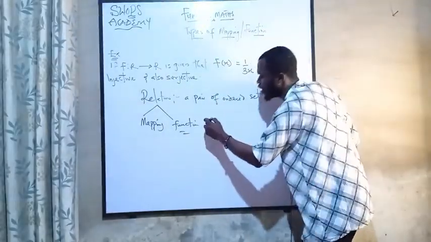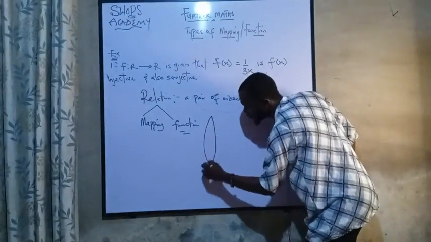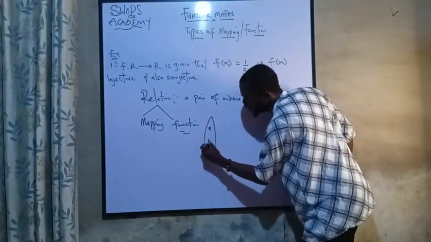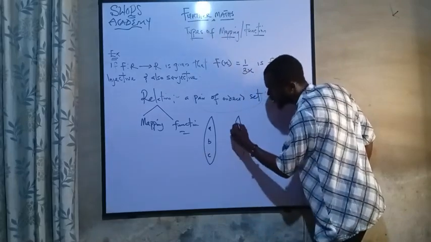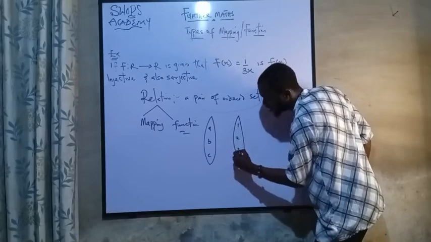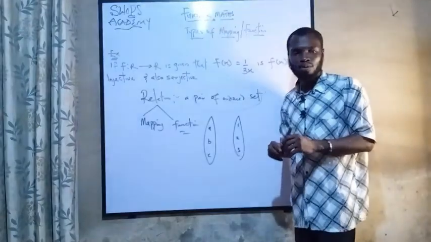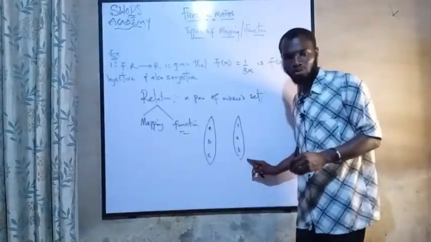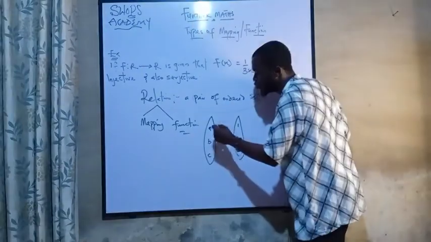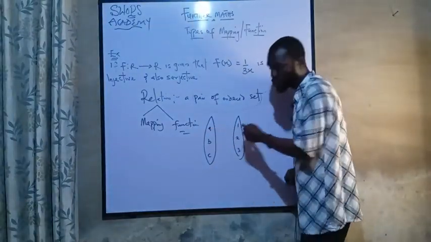Now, I have this as A, B, and C, and this as 1, 2, and 3. Before a relation can exist between this one and this one, we must match this with this one.